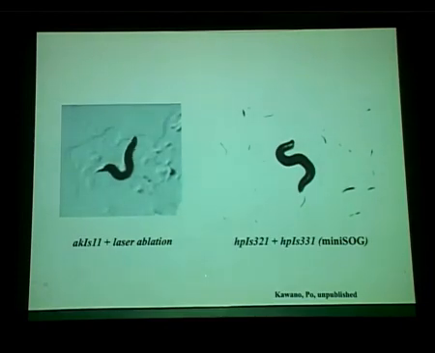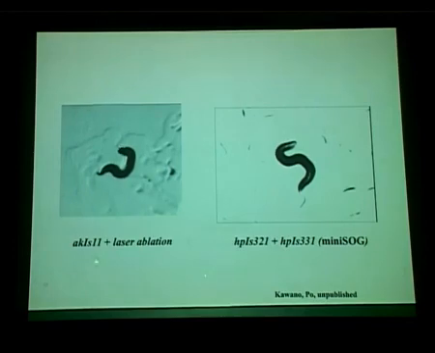So we did it in two different ways. This one uses genetic apoptosis plus laser ablation, using a reagent generously given to us by Vilu's group. We basically killed all those neurons because they activate apoptosis.